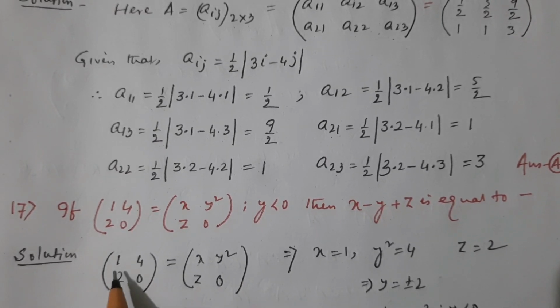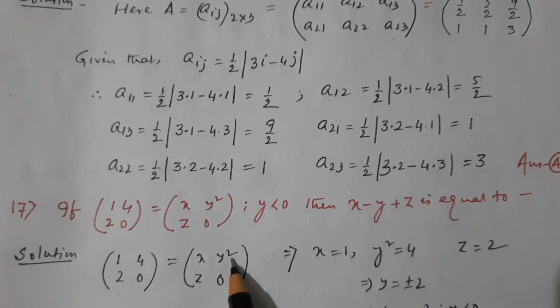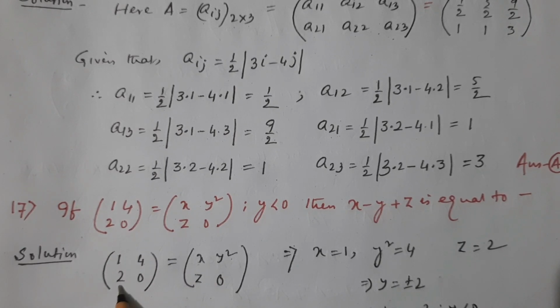That is, A11 must equal B11, A12 must equal B12, A21 must equal B21, A22 must equal B22.